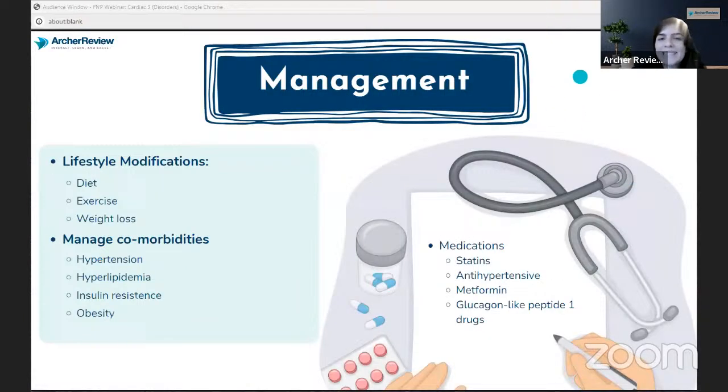So main takeaway: management, prevention, right, with metabolic syndrome. Lifestyle modification, looking at their diet, exercise, weight loss efforts. I don't want you to lecture your patients. I don't want you to make them feel bad, but meet them where they're at and try to help them. So say, I'm seeing these markers. These are putting you at increased risk for developing heart failure down the line, or coronary artery disease, diabetes.